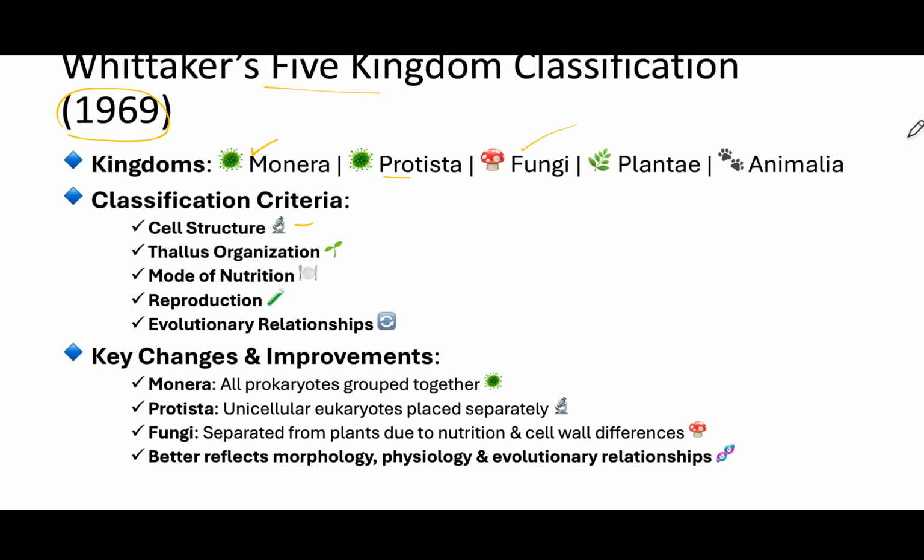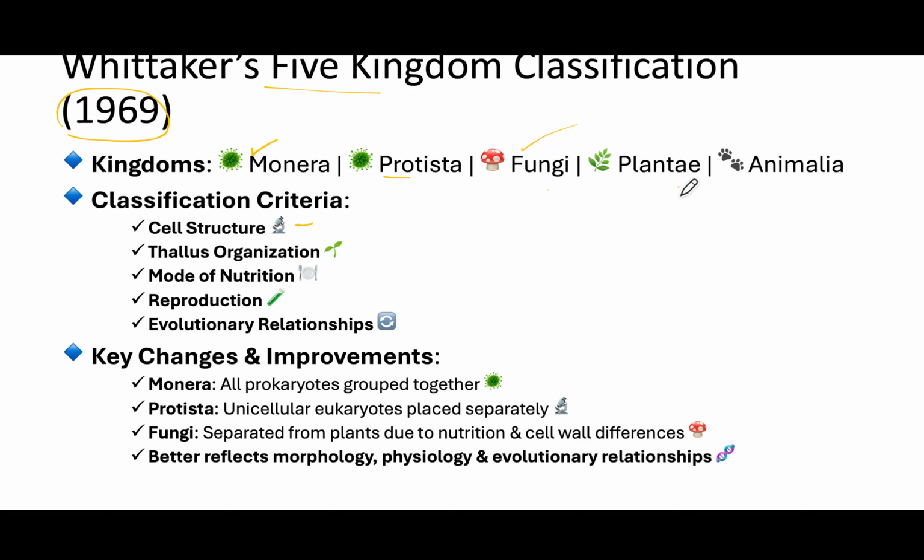If you read it multiple times, you will remember automatically. But if you are reading it for the first time, we can make a trick: Monkey play football with plant and animal. This is a trick to remember the 5 kingdom classification of Whittaker: Monera, Protista, fungi, plant, animalia.